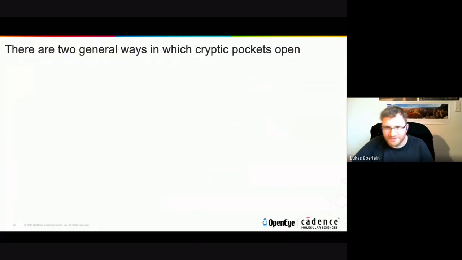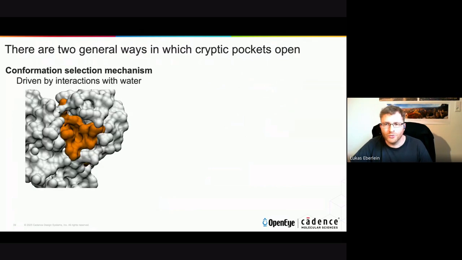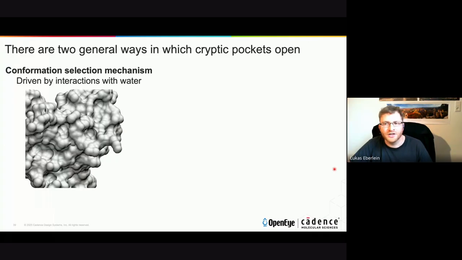There are really these two ways to open a cryptic pocket, as just explained on the last slide, but I'd like to go into a bit more detail. One, we have a conformational selection mechanism. This means that the protein opens up by interacting with water. What you are seeing here are residues shown in orange that change their solvent exposure based on the interaction of the protein with water itself.